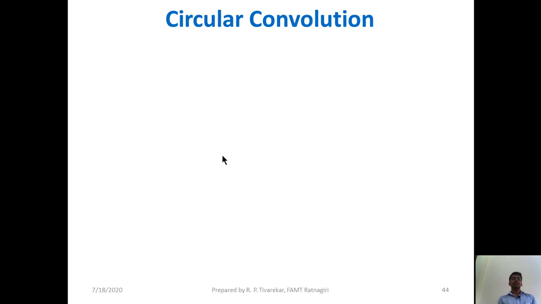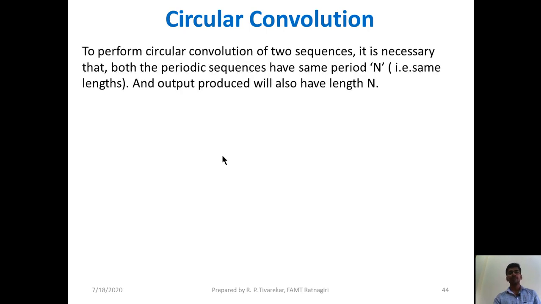Now we will move to the important concept called circular convolution. As I said, circular convolution is used for periodic sequences. To perform circular convolution of two sequences, it is necessary that both periodic sequences have equal period, that is capital N. It should not happen that one sequence is shorter and the other is longer.